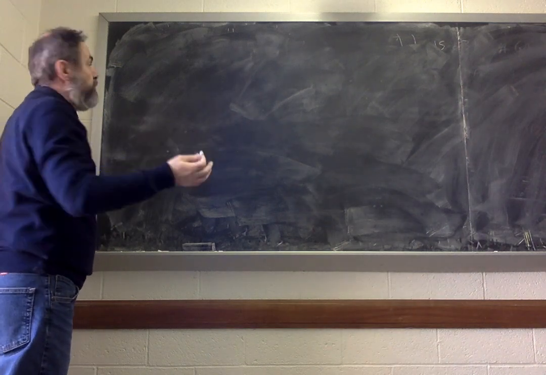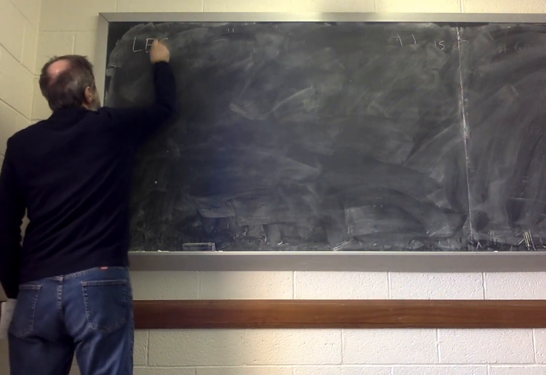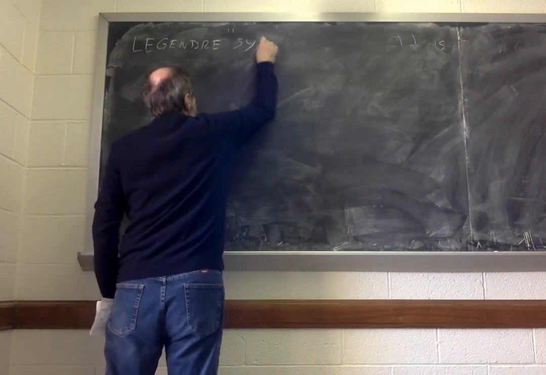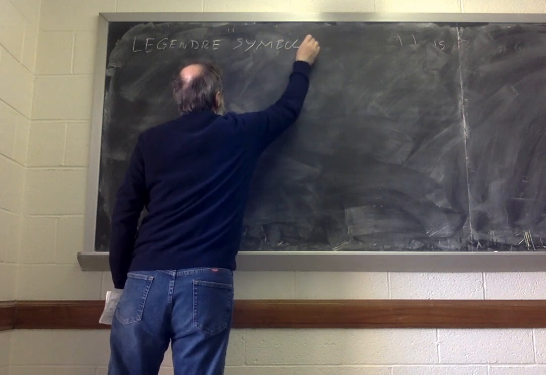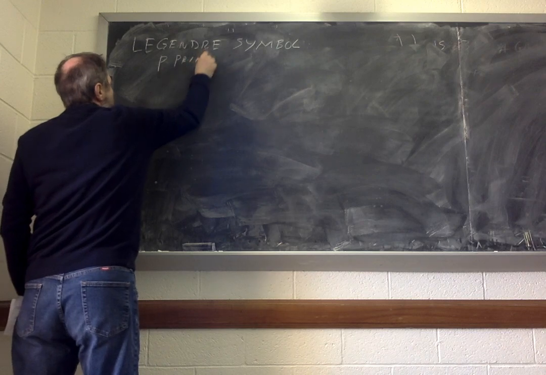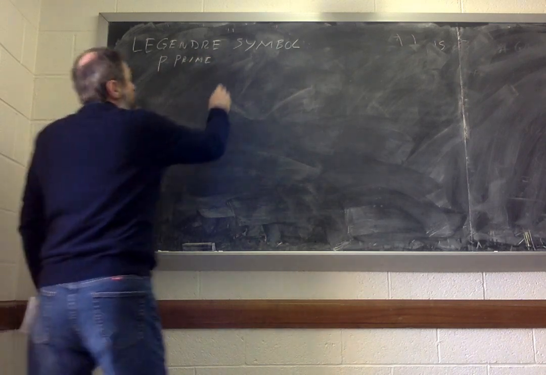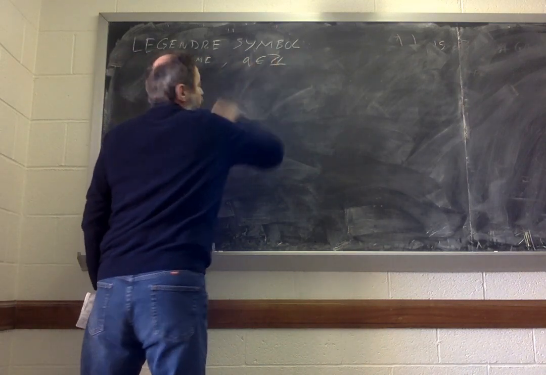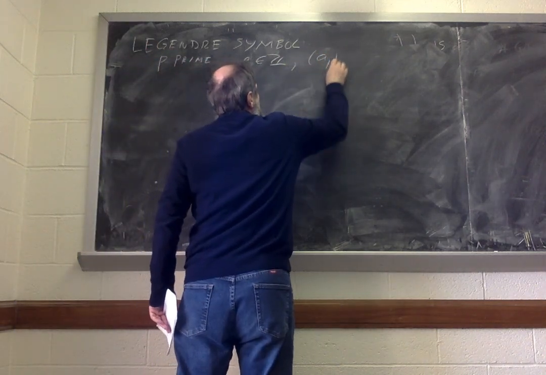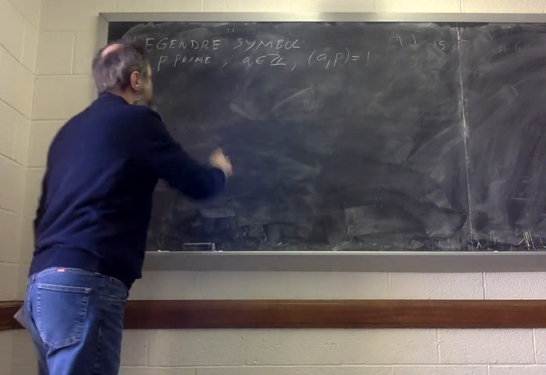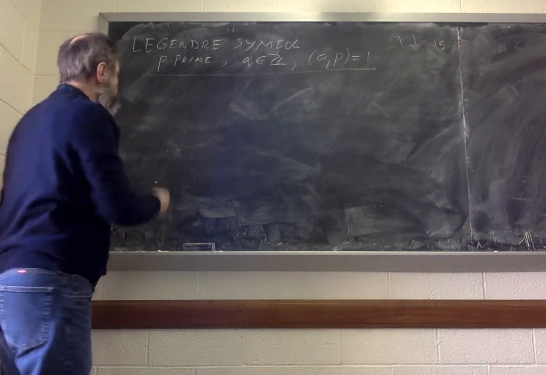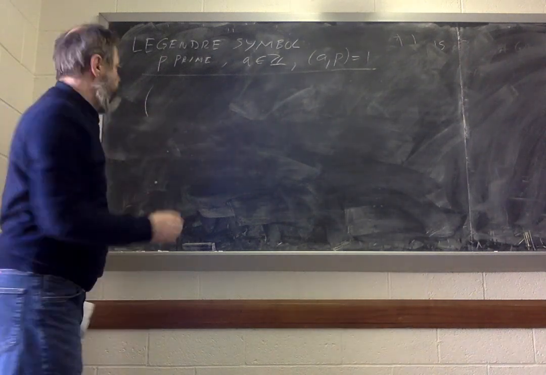First of all, introduce this Legendre symbol. P is a prime, and a is an integer not a multiple of p. The greatest common divisor is 1. This is the context. And then we define the symbol, the Legendre symbol, as follows. We say it's 1 or minus 1.